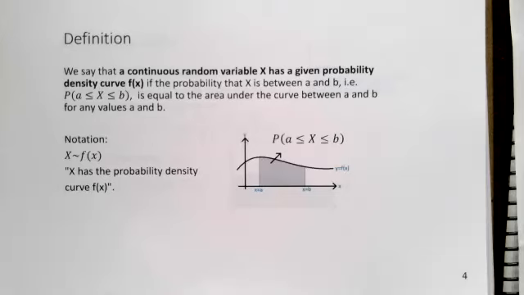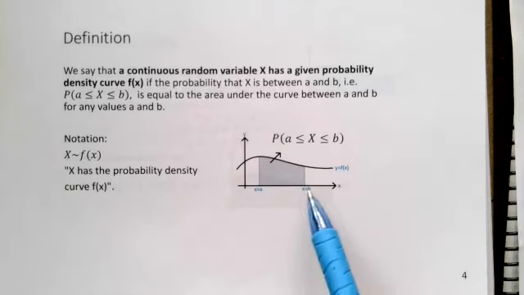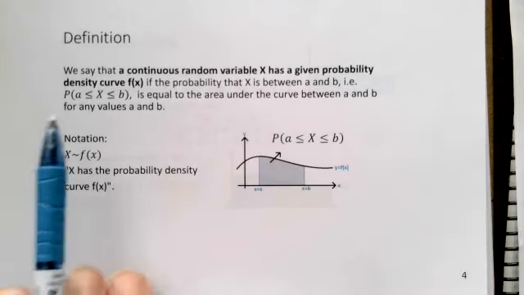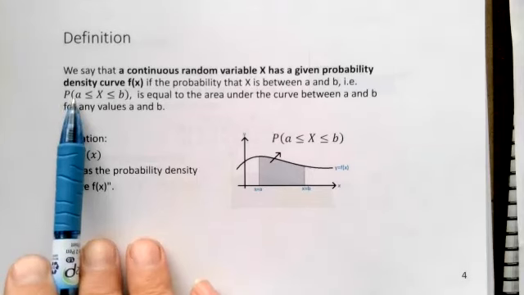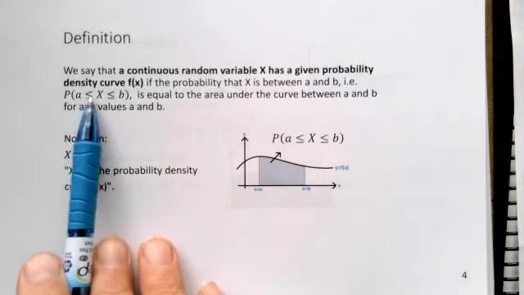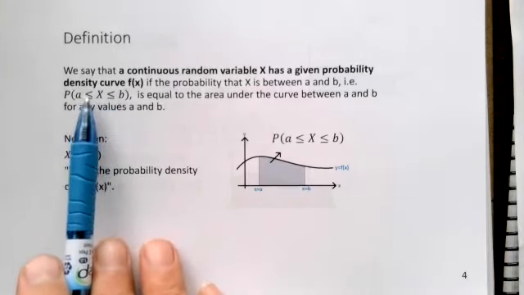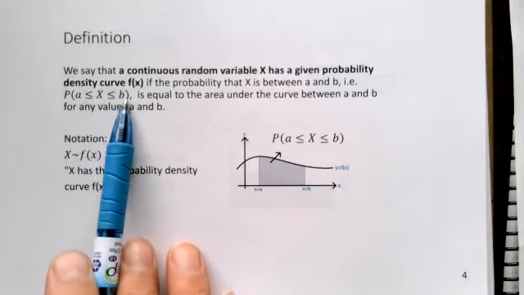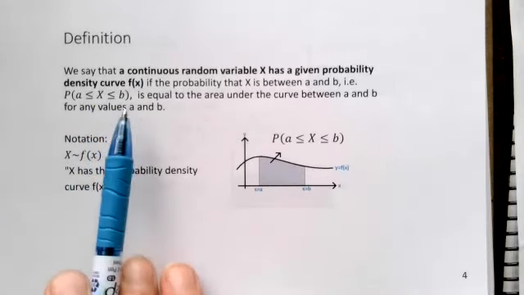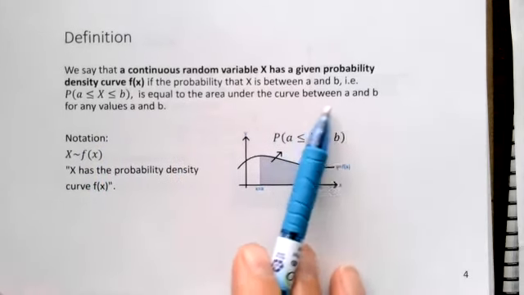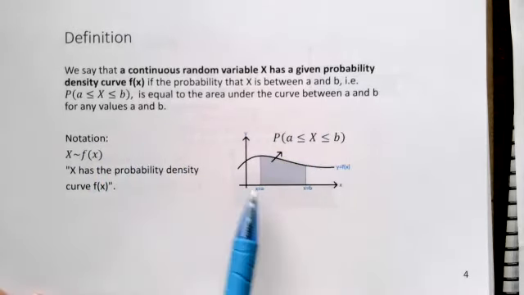So first definition, we say that a continuous random variable x has a given probability density curve f of x right here if the probability that x is between a and b, written this way, P(a ≤ x ≤ b), is equal to the area under the curve between a and b for any values a and b.